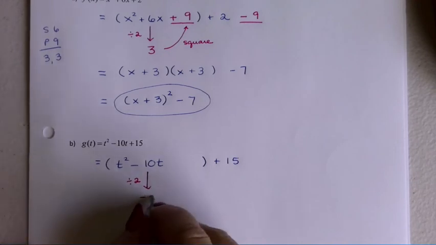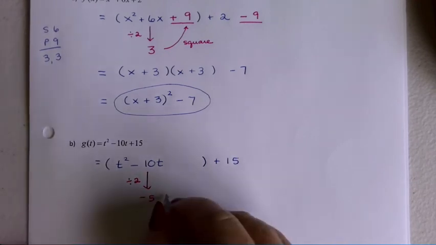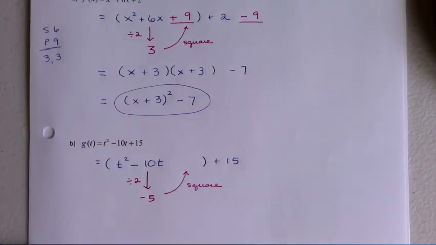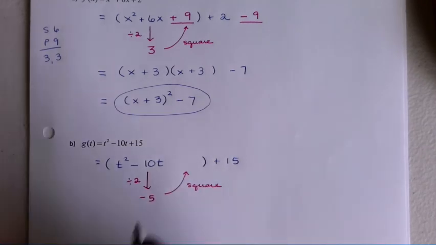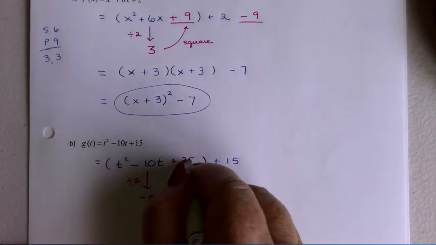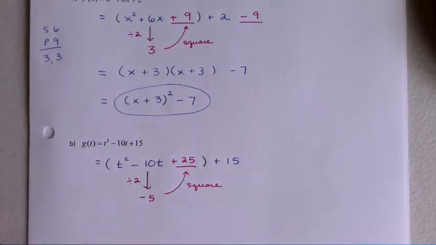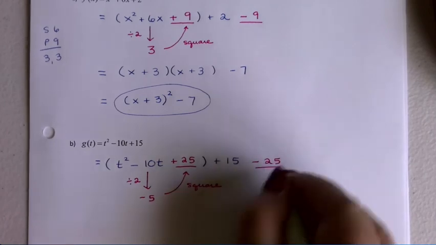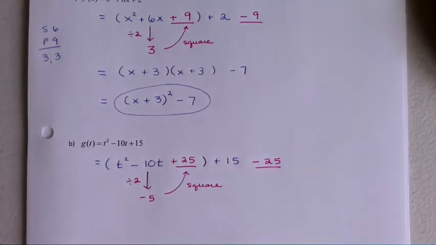It's going to give me negative 5. And then I'm going to square that. Negative 5 squared would be positive 25. If I add 25, I also have to subtract 25 so that the net effect is I've just really added 0.